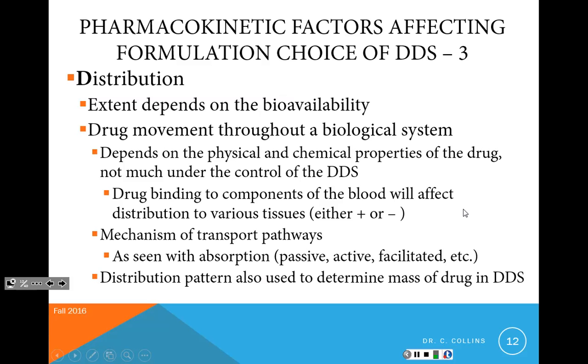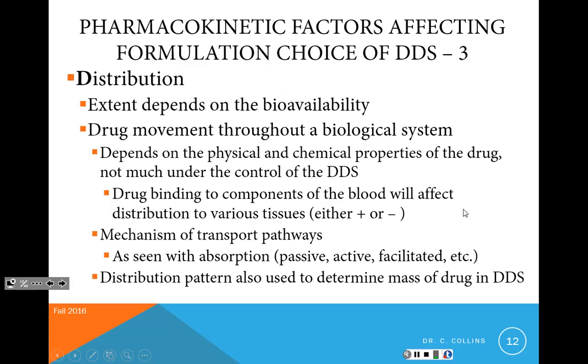Also binding to blood products, such as blood proteins, albumin, alpha-1 acid glycoprotein, those types of things, affect its distribution, either positively or negatively. So slight structural alterations may affect that binding. Trouble is, when we make structural alterations to a drug molecule, we have to make certain we don't negate its activity. Mechanisms of transport pathways.